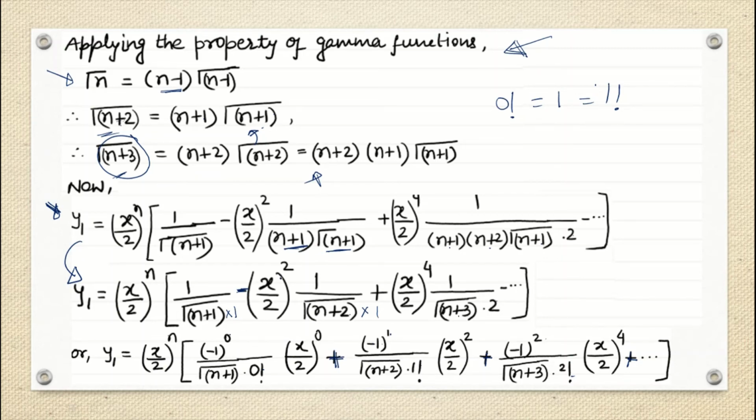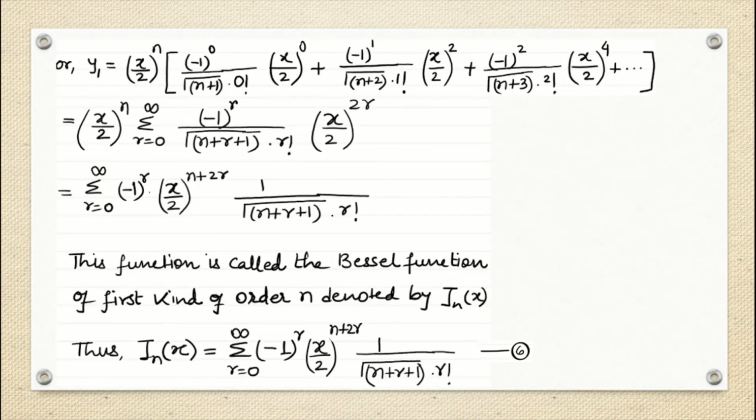Okay, so now further, what are we writing down here? Now we are going to say that this is x by 2 to the power n common, and then we are writing in terms of sigma. The first term is the same. This is nothing but sigma r equals 0 till infinity.